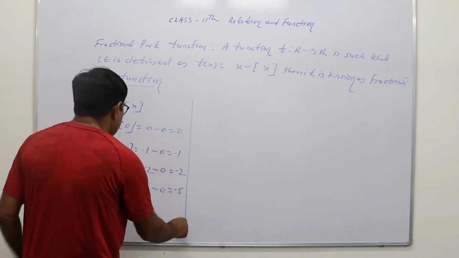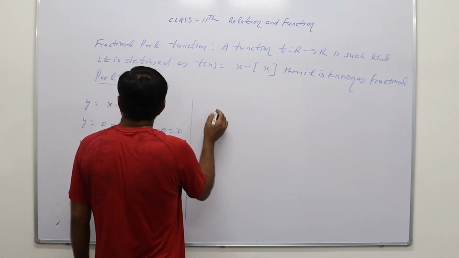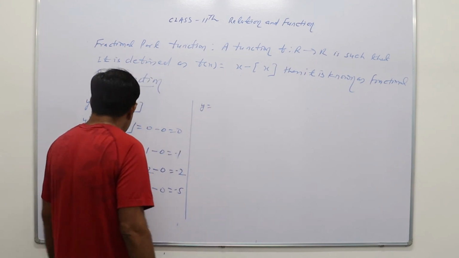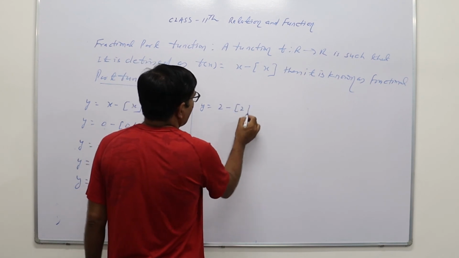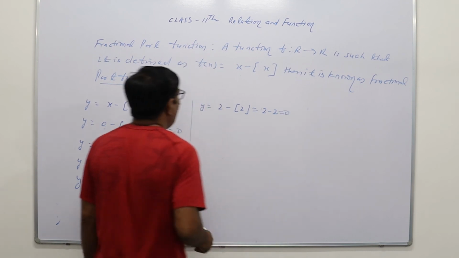Now for some more values, let us suppose x is equal to 2, then 2 minus greatest integer of 2 will be equal to 2 minus 2, that will be 0.